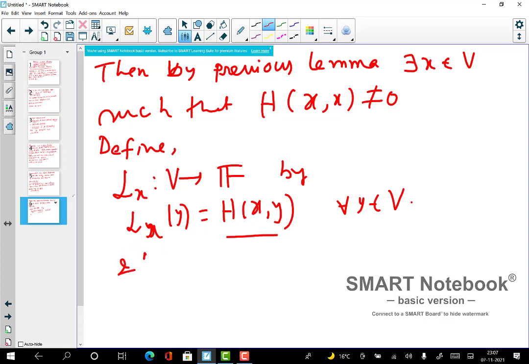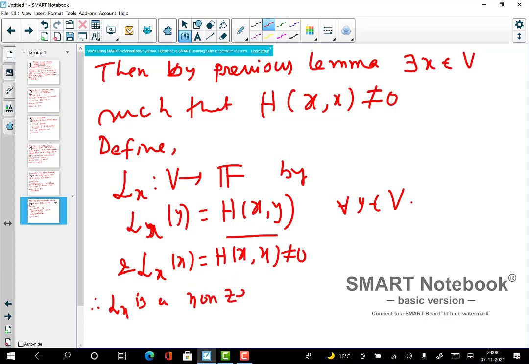Not only that, you check that L_x(x) is h(x,x), which is non-zero. So L_x is also non-zero. So L_x is a non-zero linear functional.